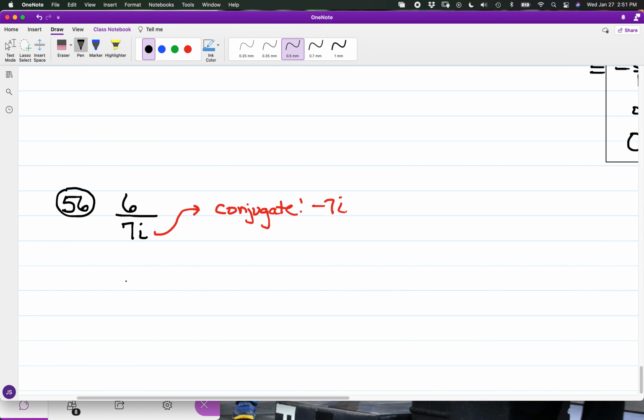So if I use the conjugate for this ratio, I have 6 over 7i times 1 in the form of, again, the conjugate over itself.